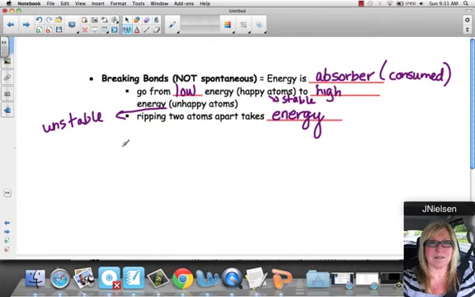I want you to think of it this way. If I'm standing in the front of the room and I look at the back window of the classroom, it's not going to break on its own, correct? But if I pick up a stapler and I hurl it at the window, it's going to break. Now there's a couple of reasons that this is happening.